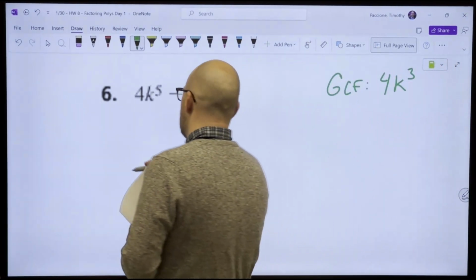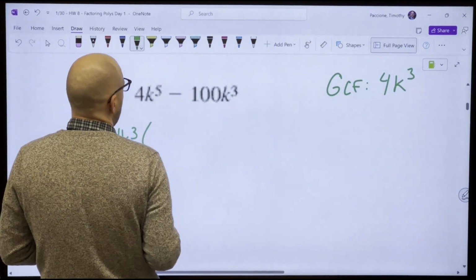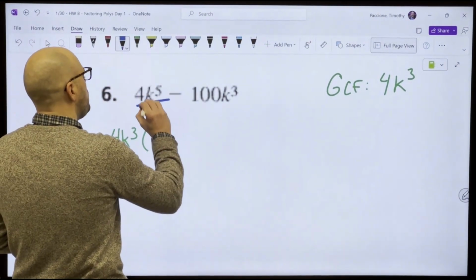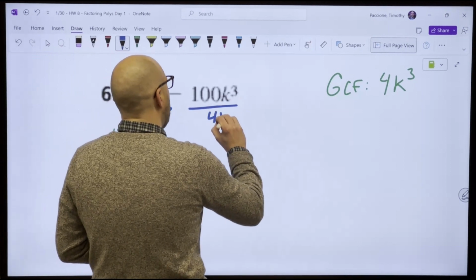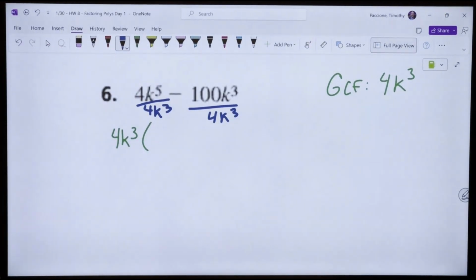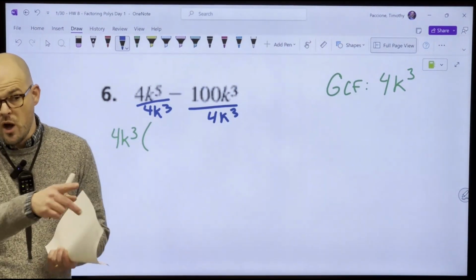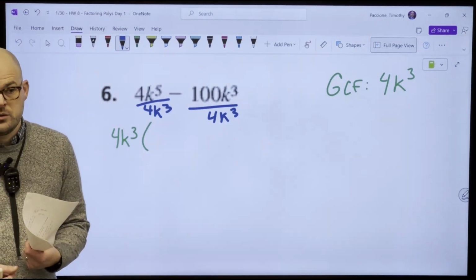So I write that out front, 4k to the 3rd, open up parentheses, and then I divide each of these by 4k to the 3rd. And then you do the division. What is 4 over 4? It's 1, so it cancels. And then k to the 5th over k to the 3rd.